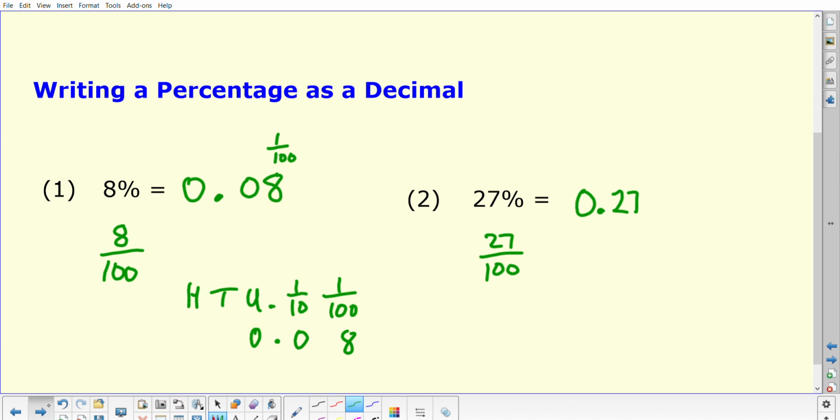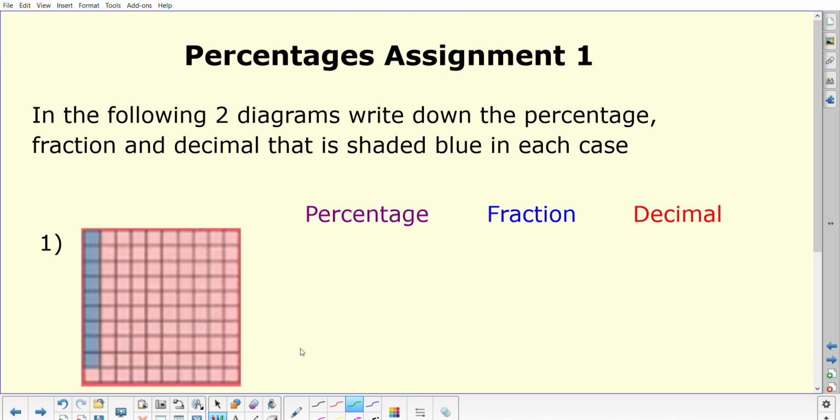So to quickly recap, make sure you've copied everything that was on that page, including writing a percentage as a decimal. As I say, you could have paused the video, or you can use the notes that I'll post after you've watched the video. So quick recap: you can be looking at a diagram, a 100 square for example, and count how many boxes are shaded.